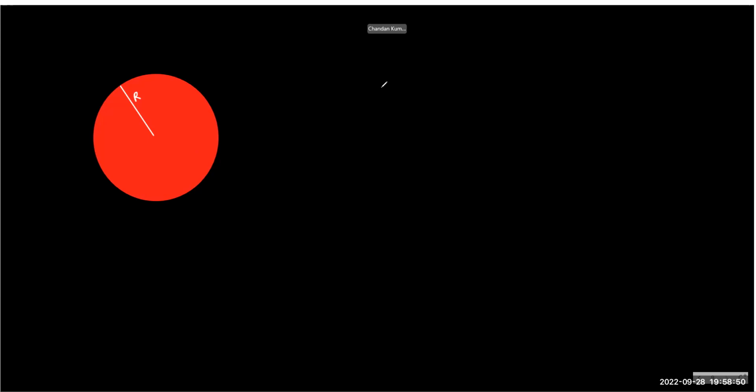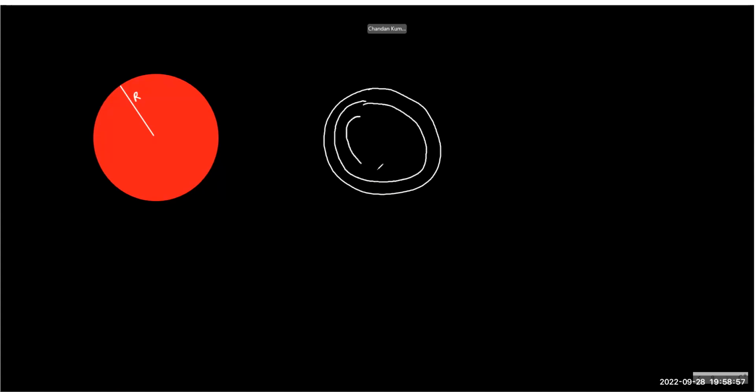So imagine an onion slice. And what do you see inside? You see a stack of rings. Yes or no? Yes, sir.